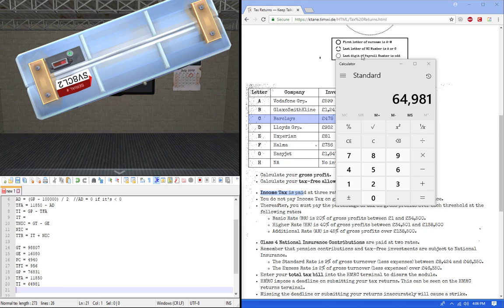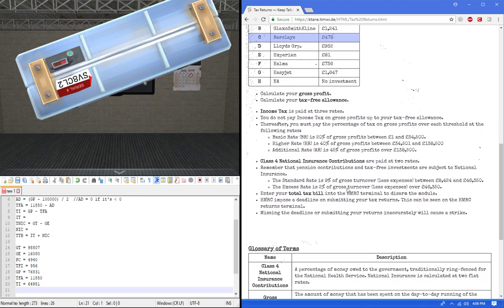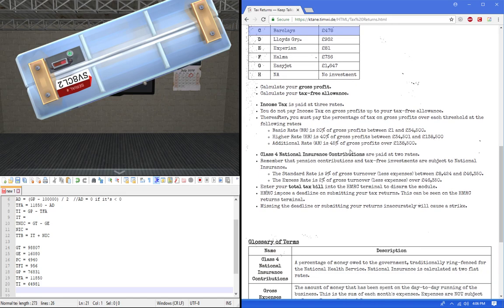Now, to explain this slightly, you're only going to tax the amount that is between those thresholds. So, of the 64,981 of the taxable income, we're going to only tax 20% of the 34,500 of that 64,981.